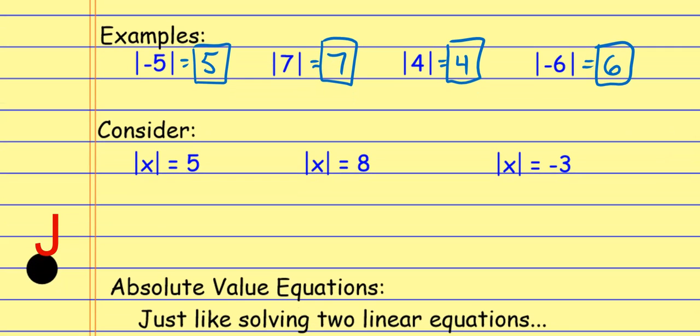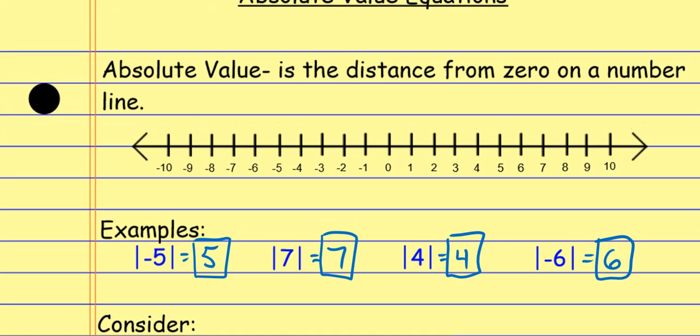And so when I think about that, and I start thinking about the values that are the same distance away, if I scroll back up to the number line here for a moment, like that first one, absolute value of x equals 5. So it's essentially saying which values are 5 units away. And so when you look back at the number line and say, okay, which values are the same distance away from 0?